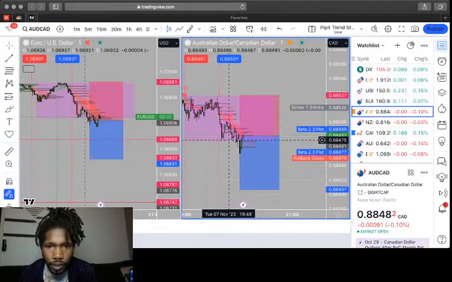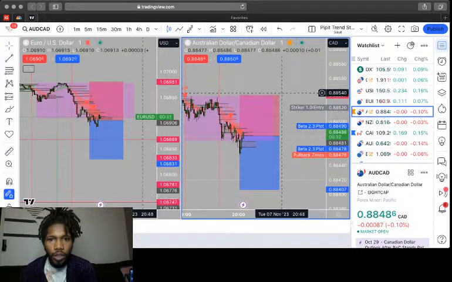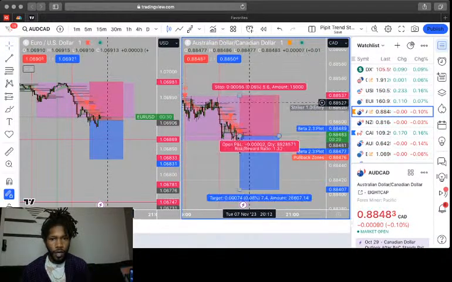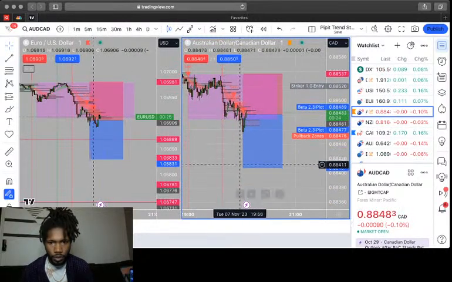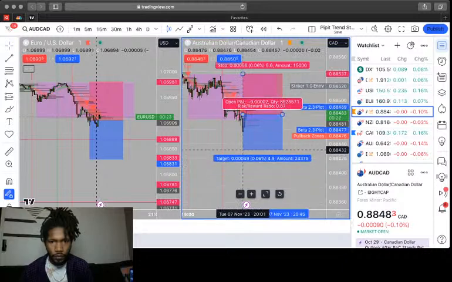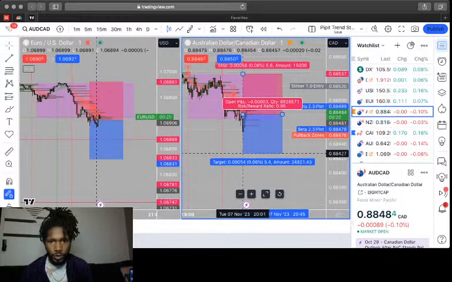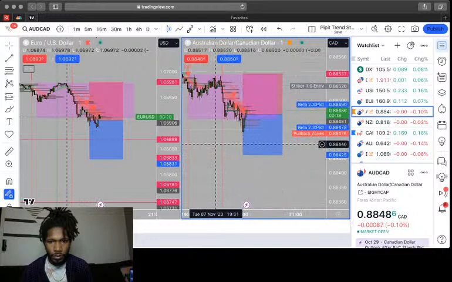I like that break and retest of these zones. So 5-point risk. That's about it. We're going for a 101, 5.6. There we go. 101 right there.